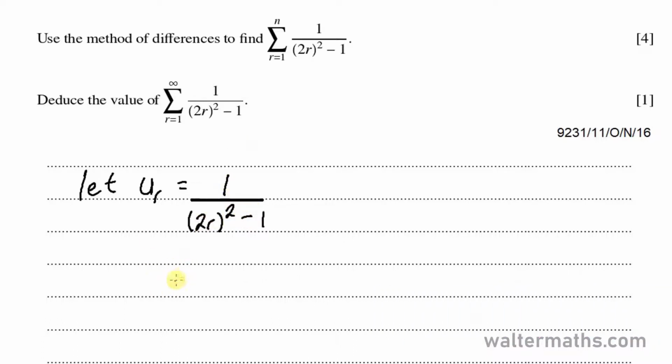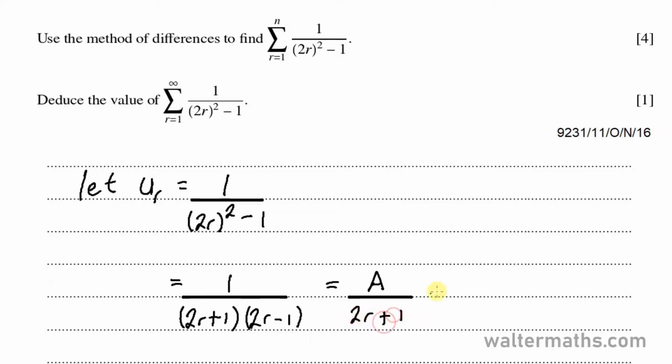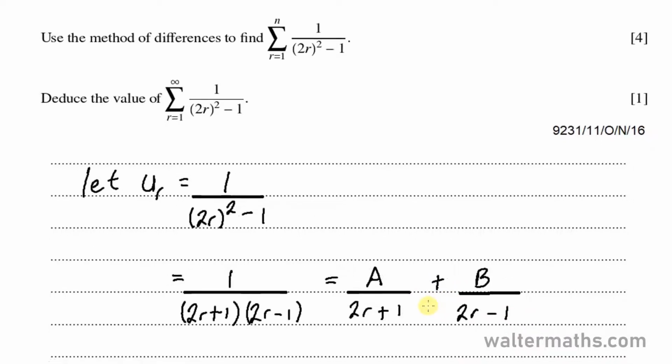So here, u sub r can also be expressed as 1 over 2r plus 1 bracket 2r minus 1, which in partial fractions will come out in the form a over 2r plus 1 plus b over 2r minus 1, where a and b are constants.